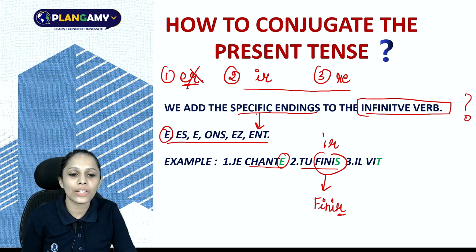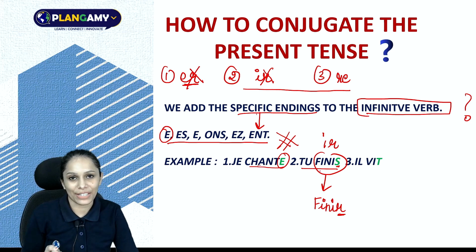So, it is ending with R. Now, I told you that for IR group of verbs, we have to remove R and we have to add the ending S. I know that this ending is not equal to the ending of the other group of verbs. So you have to learn its endings and you have to learn how to conjugate the verb finir.